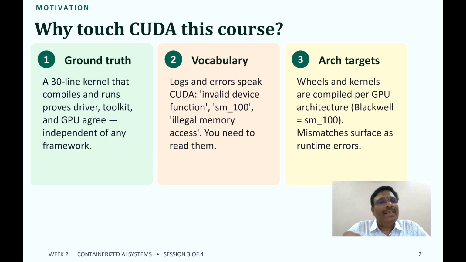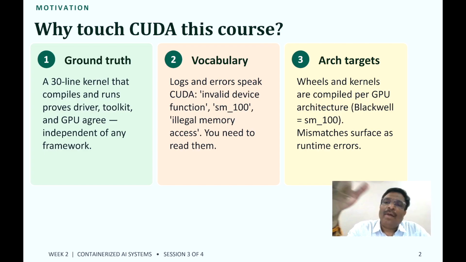And these kernels compile and run on proven drivers, toolkit, and the GPUs, if this whole pipeline agrees, right? So independent of any framework which we're using, there are logs and errors generated in terms of CUDA. You will get invalid device function, SM100, illegal memory access. And we need to understand, we need to read them as to what they mean.